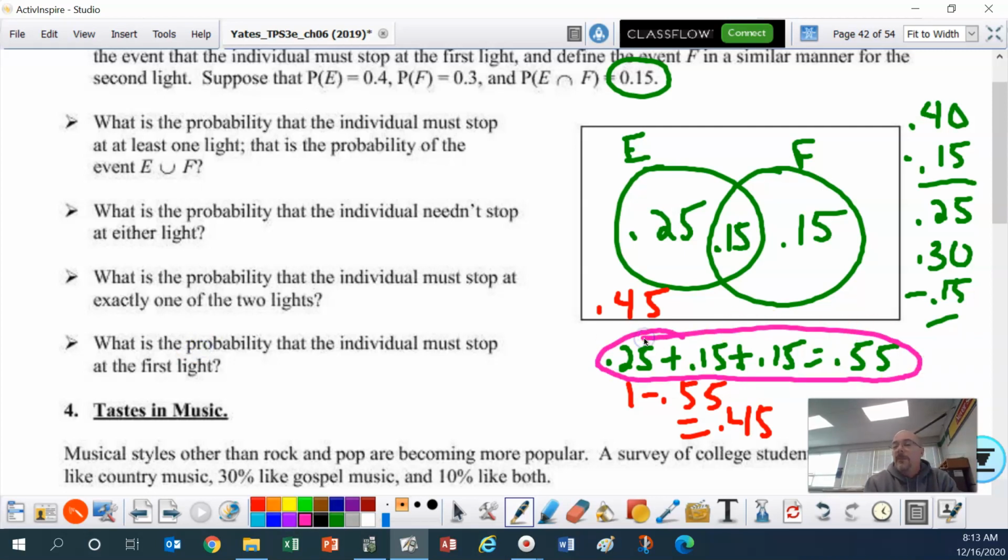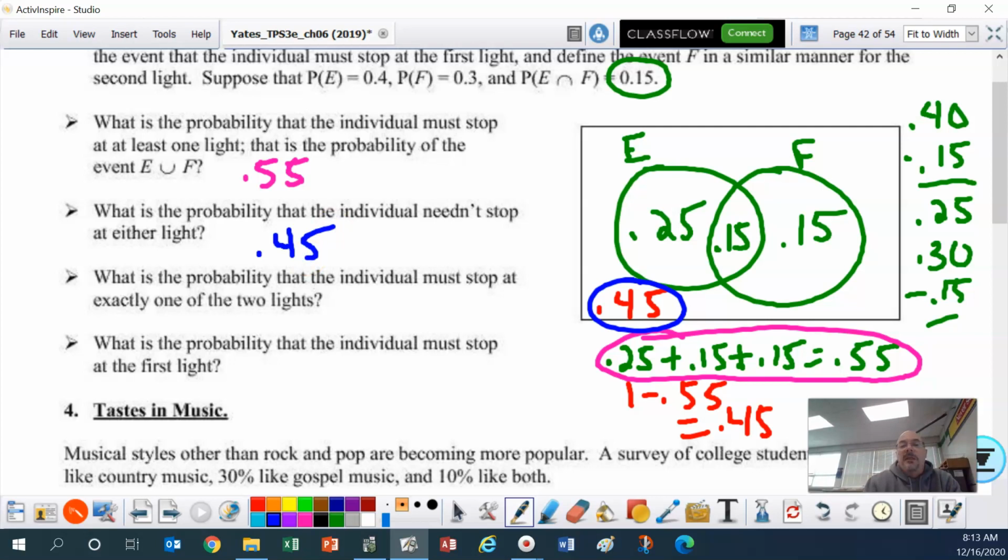You've got to stop at 1 or both, so at least 1, so that's going to be 0.55. It doesn't say give it as a percent, so I'm going to leave it 0.55. What is the probability that the individual needn't stop at either light? Well, that would be this one, right? 0.45. It's not going to stop at any light.